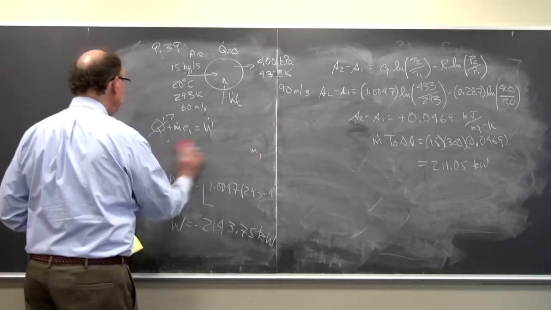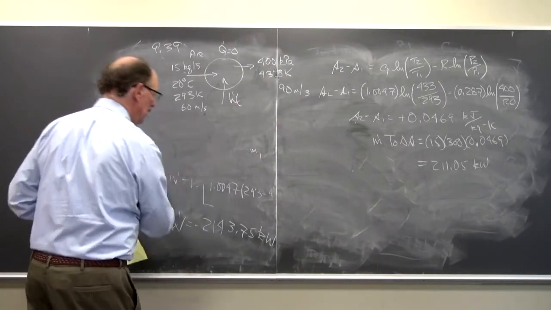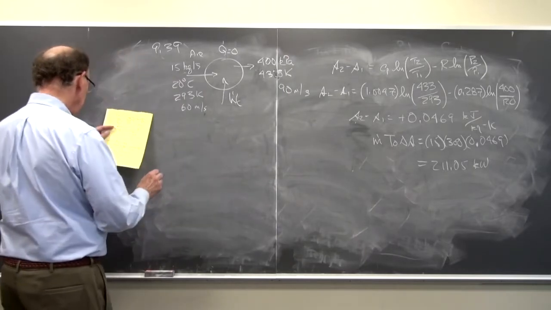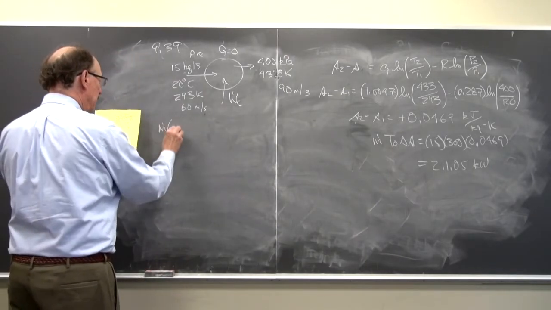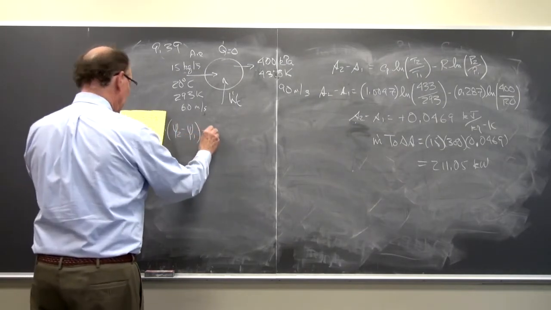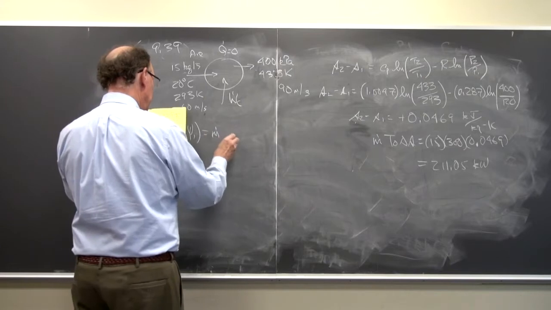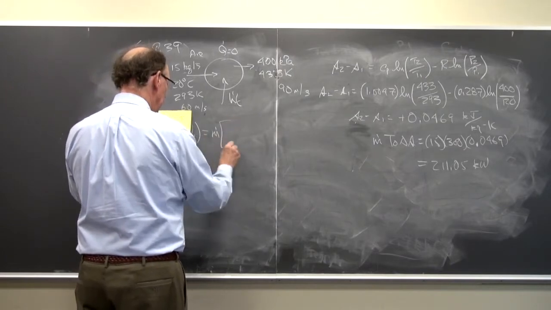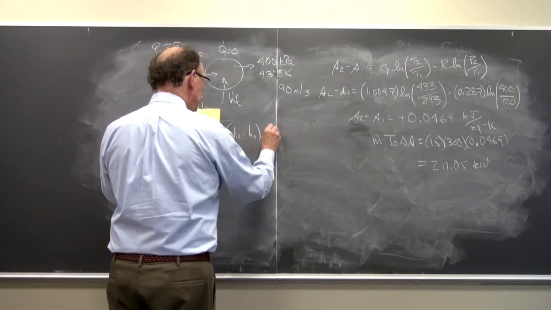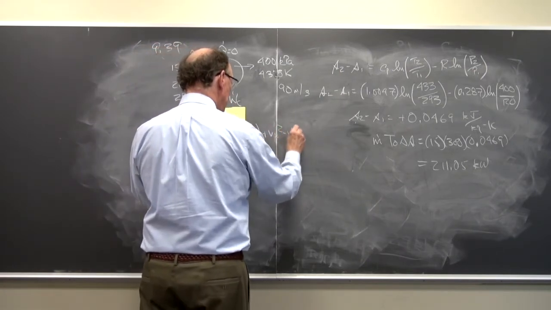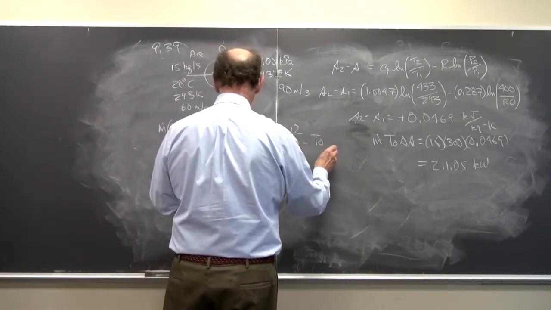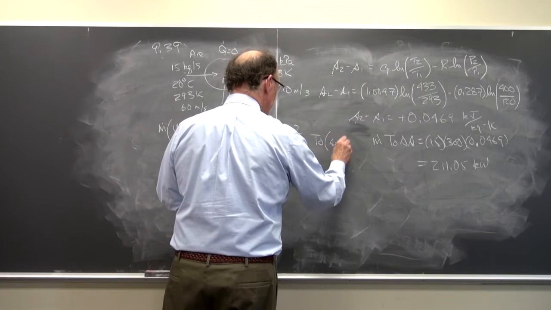So if we go back and use the availability equation, m dot times psi 2 minus psi 1 is equal to m dot times h2 minus h1 plus v2 squared minus v1 squared over 2000 minus T0 times s2 minus s1.